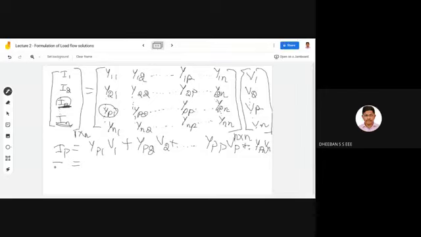Okay, and over here, this equation, how can you write it, in the form of: you just bring this towards the first point, so Ypp Vp, just bring forward, plus you are just restructuring this equation, Yp1 V1 plus Yp2 V2 plus this goes up to your Ypn Vn.